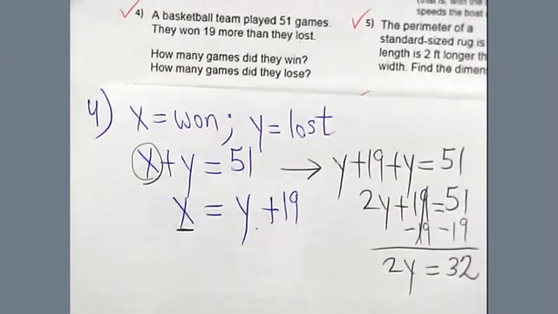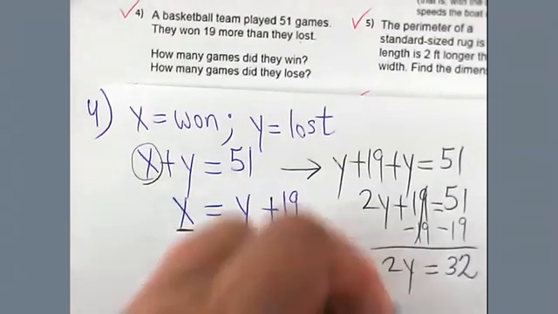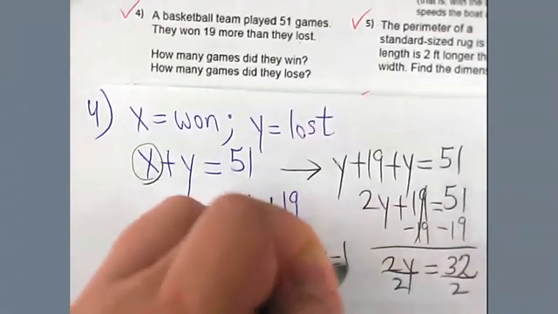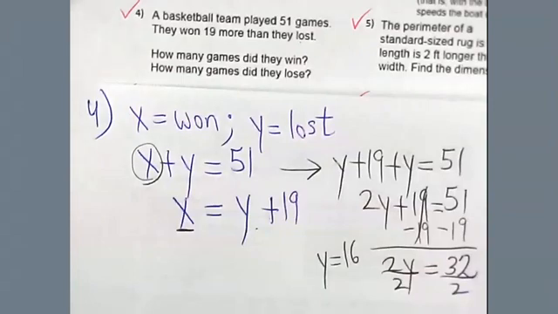So the number of games lost, when we divide by 2, is 16 exactly.